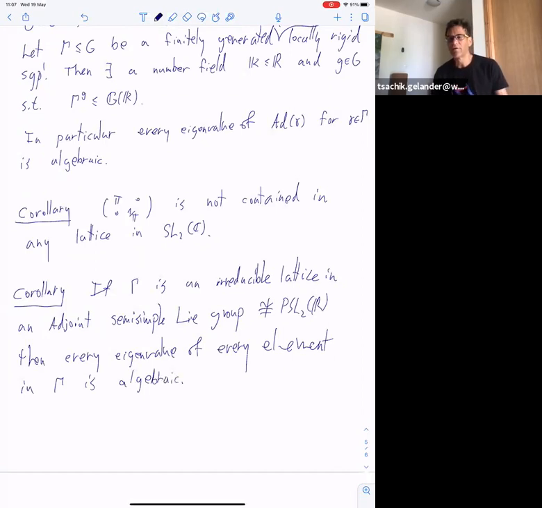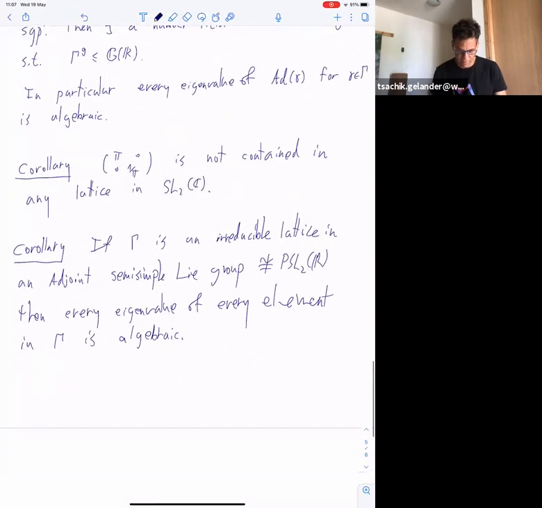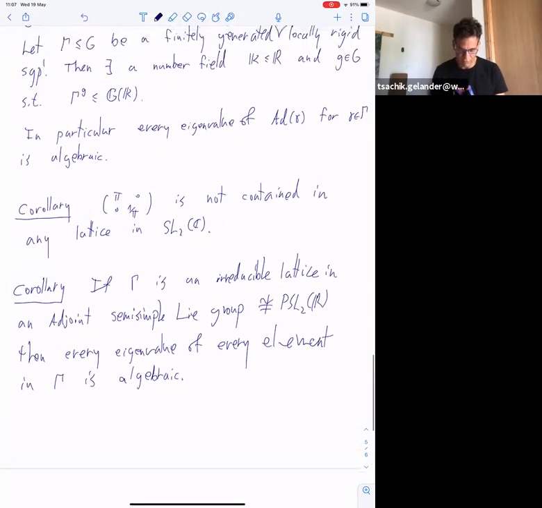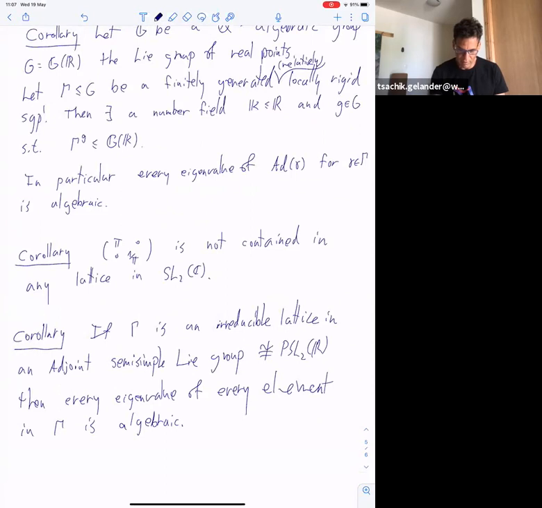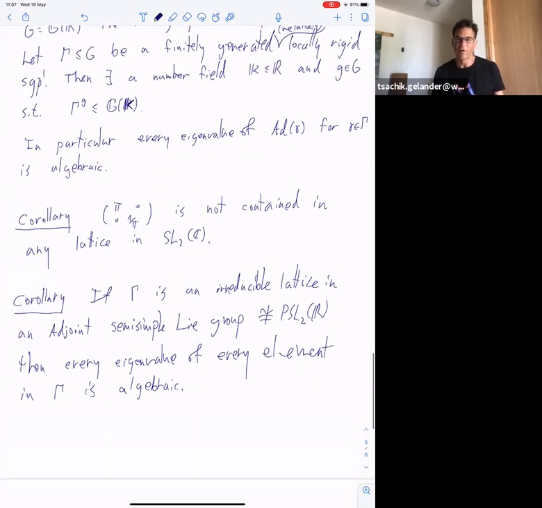In fact, more than that, there is some number field and an element in G such that you can conjugate gamma with this element into the group of rational points. The adjoint group is a matrix group, and eigenvalues are preserved by conjugation. But it's nice to say it about eigenvalues.